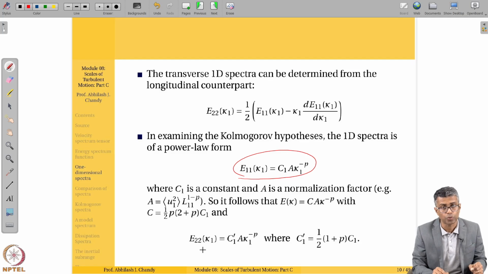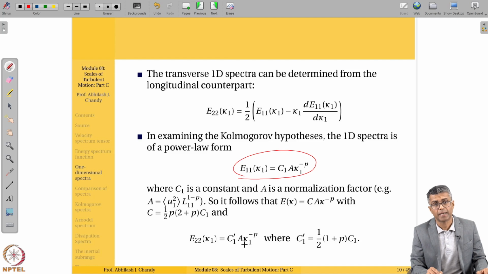And E22 would be given by C1 prime A kappa 1 to the minus P, where C1 prime is half times 1 plus P times C1.